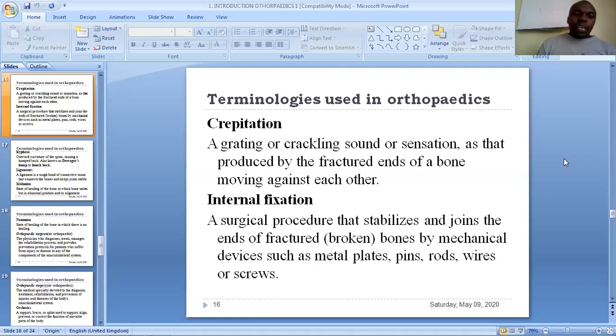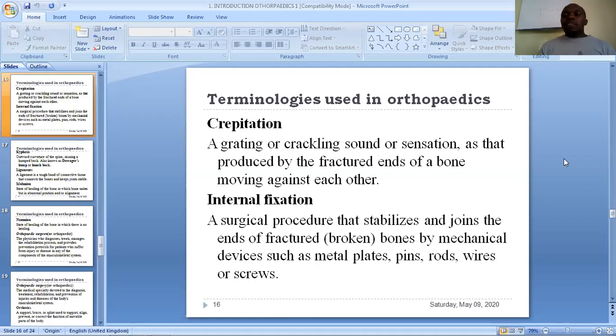The other terminology to understand is internal fixation. This is simply a surgical procedure that stabilizes and joins the ends of fractured or broken bones by mechanical devices such as metal plates, pins, rods, wires or screws.